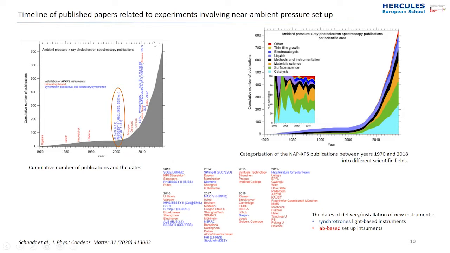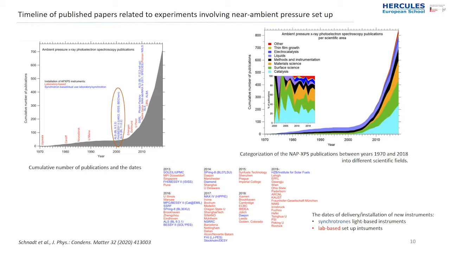Those are the systems installed over the past years. Around the beginning of this century, it was mainly synchrotron-based systems that were leading this scientific field. But recently, in the past 10 years, the lab-based X-ray sources are taking over.